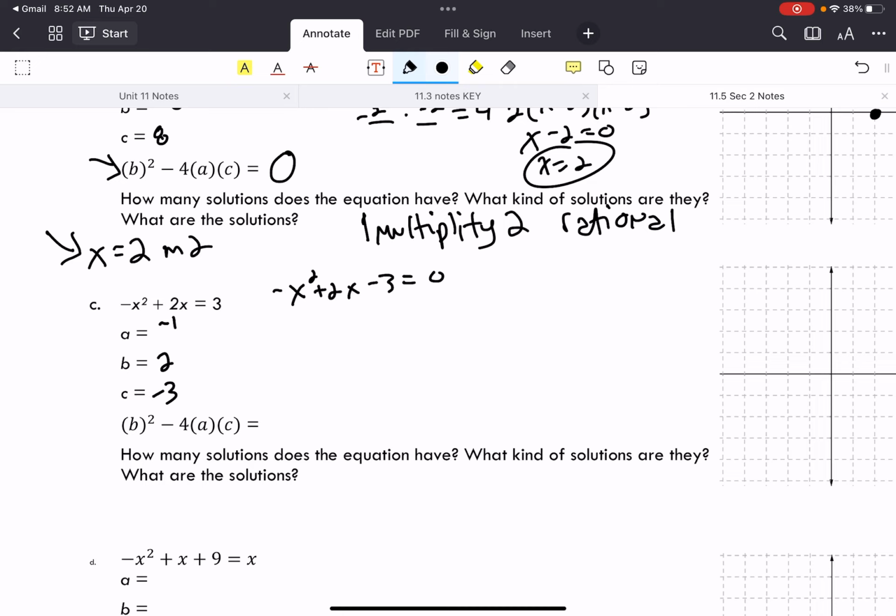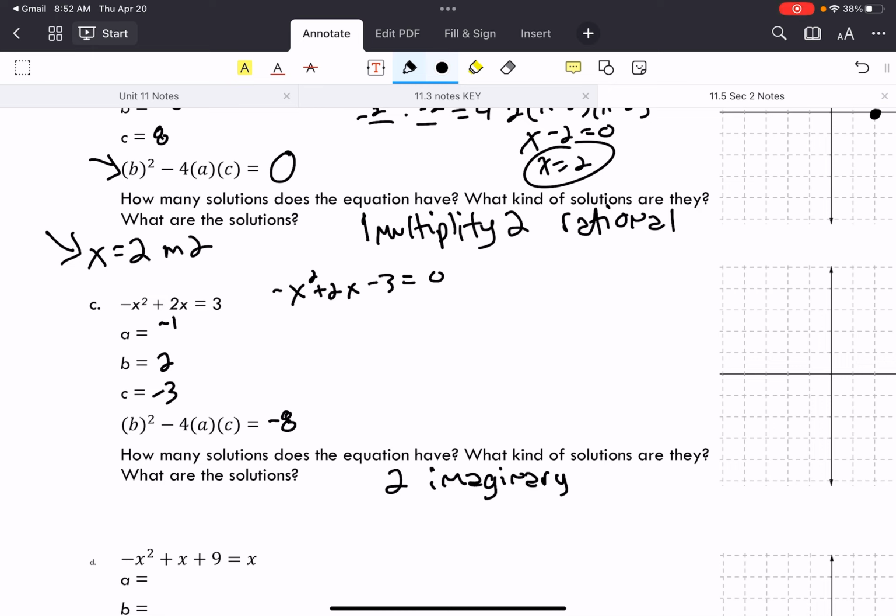Okay, so what does the negative discriminant tell me? 2 imaginary. Yep, very good. Okay, so now let's go from here. When my discriminant's negative, like this, how do we want to solve this?